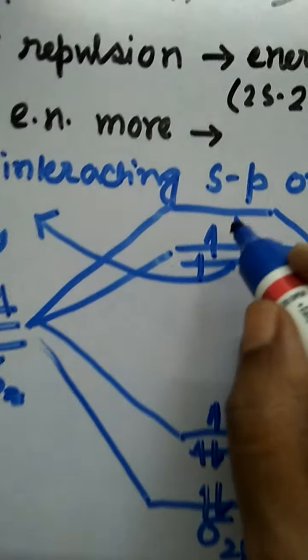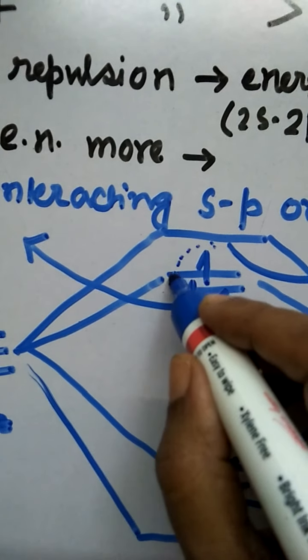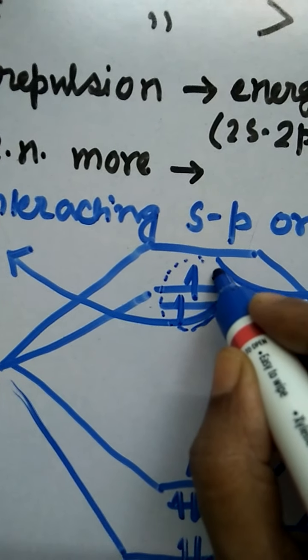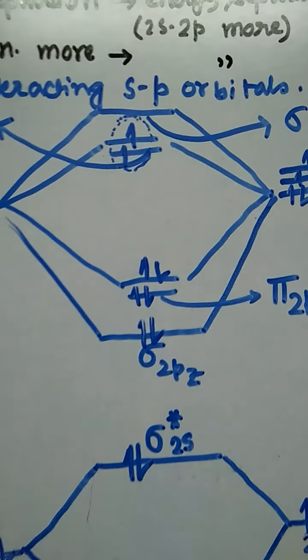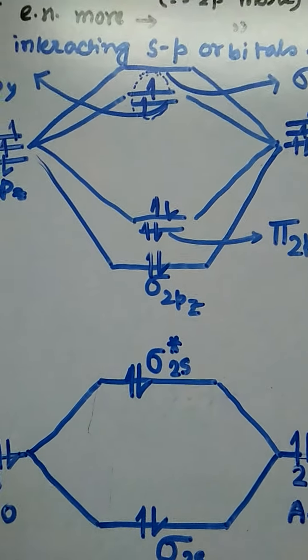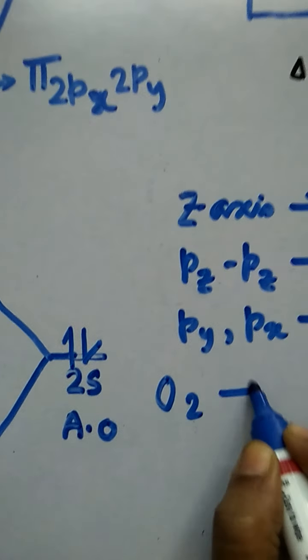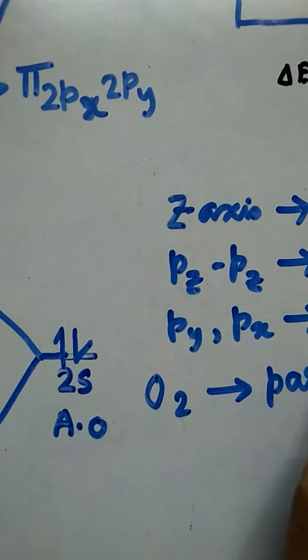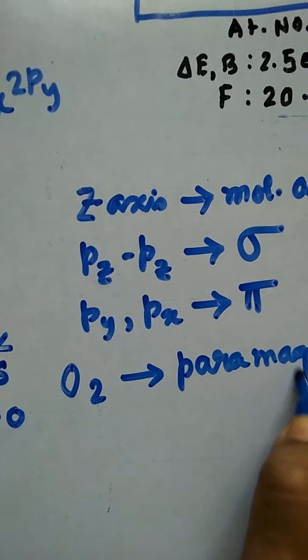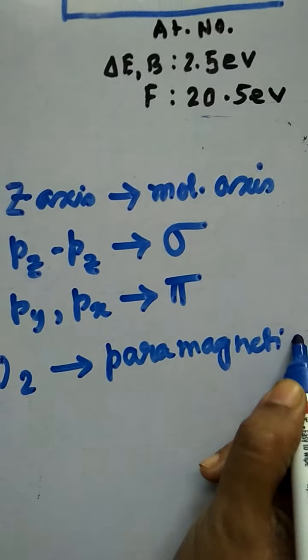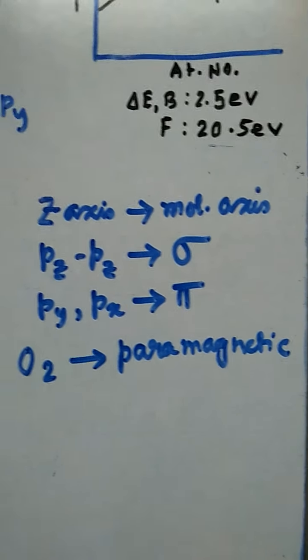So you see here you have 2 unpaired electrons present in these pi star molecular orbitals in oxygen. So oxygen, O2, is basically paramagnetic as it has 2 unpaired electrons.